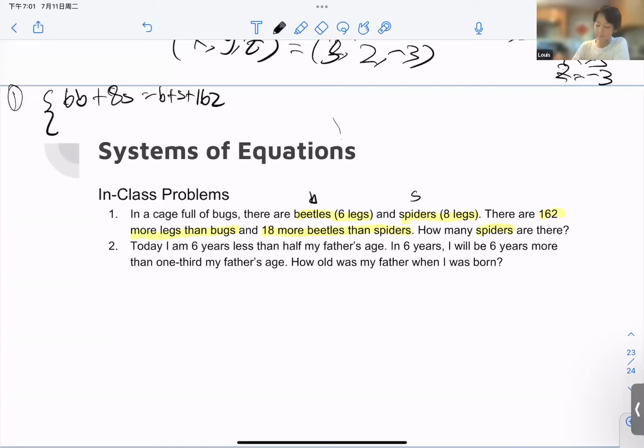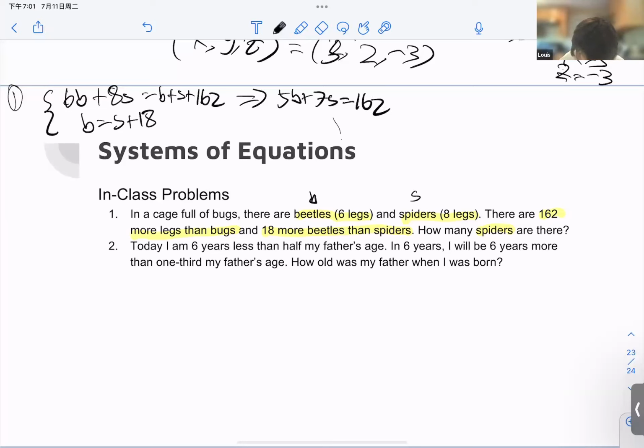And we have that B equals S plus 18. So this gives us 5B plus 7S equals 162.